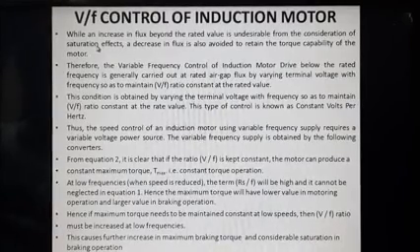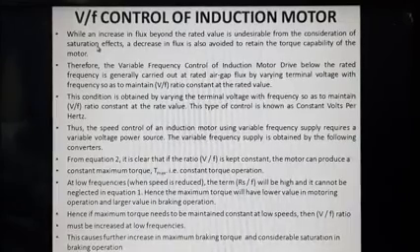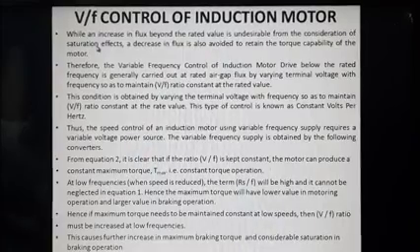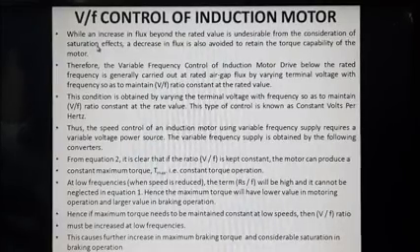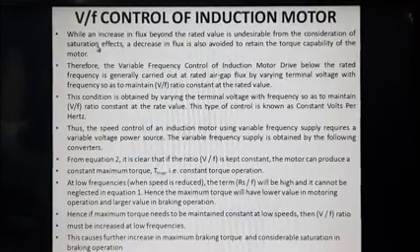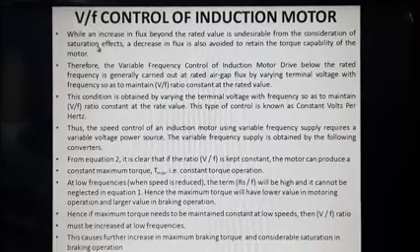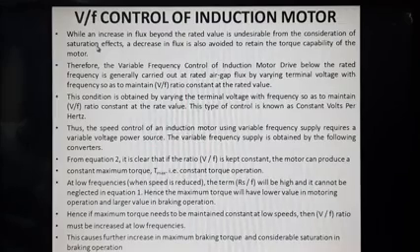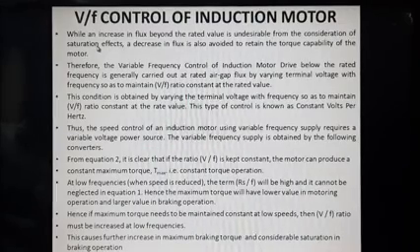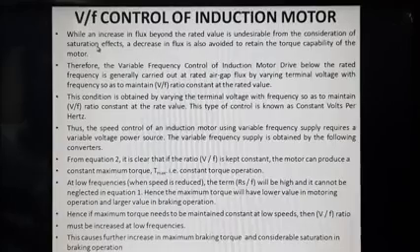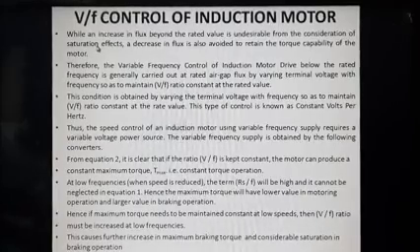The beneficial part of maintaining a constant flux is that there will not be any shifting from the knee point to the saturation region. Hence, such undesirable effects can be reduced. What the undesirable effects are while shifting from the knee point to the saturation region has also been explained in the last session.